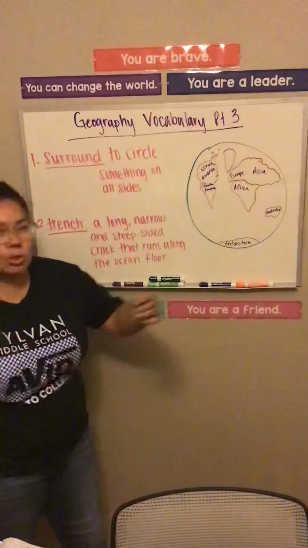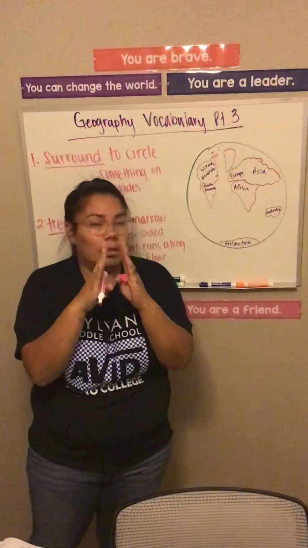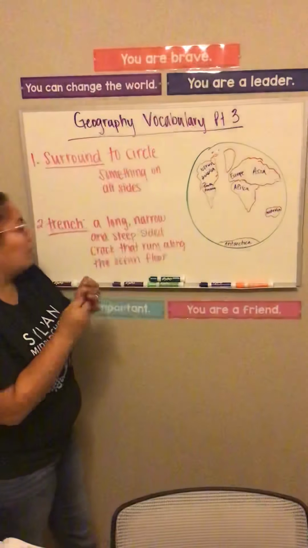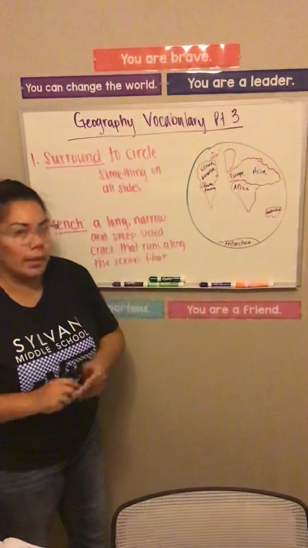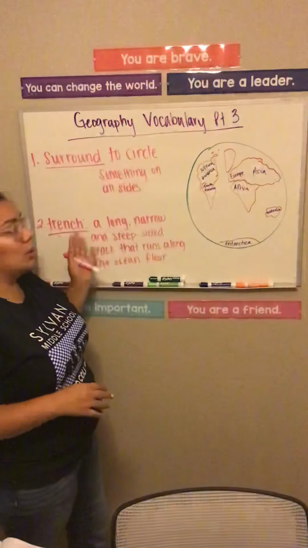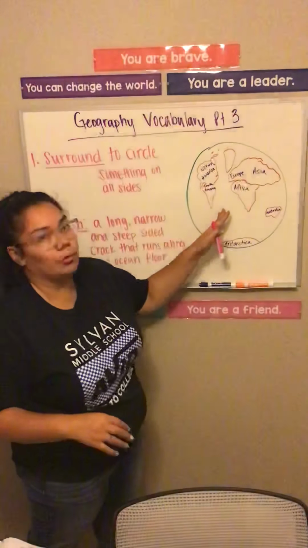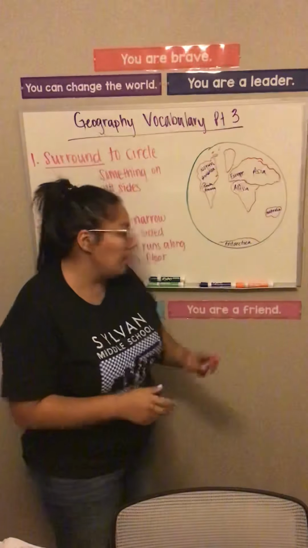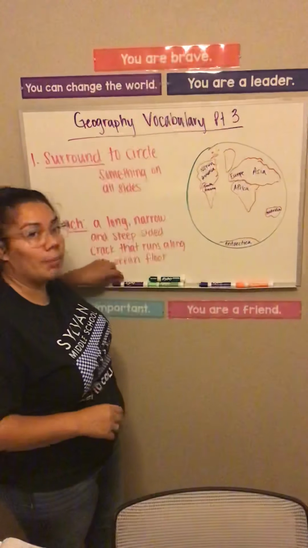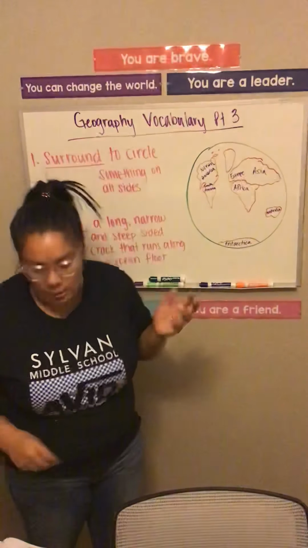Okay, so it's super long, it's really narrow. Narrow means it's not very wide, and it's steep-sided, so it's kind of like a hill, like a downward hill, right? And so trenches run alongside the ocean floor all throughout it. So those are the 2 words we're focusing on today. The vocabulary video talks about both of them, so it's important we know what they mean.